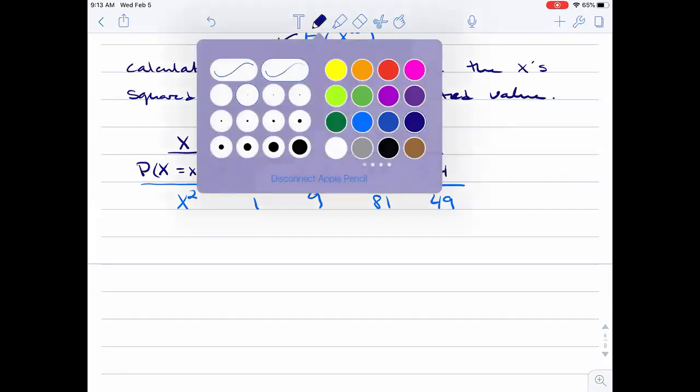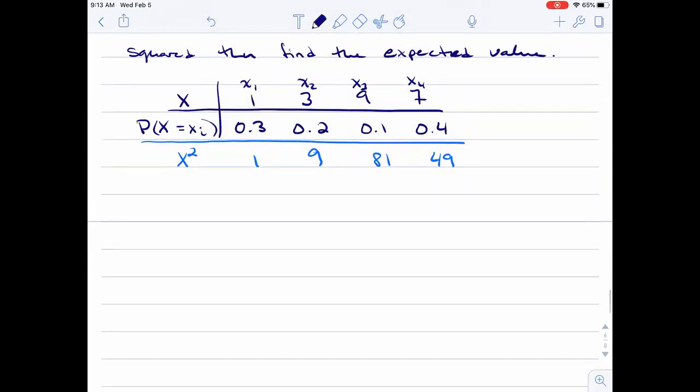So now, if we want the expected value of x squared, well, that's just going to be each of these squared values times the probabilities. So then we have 1 times 0.3 plus 9 times 0.2 plus 81 times 0.1 plus 49 times 0.4.